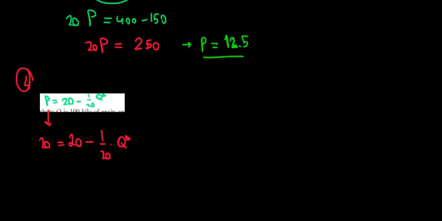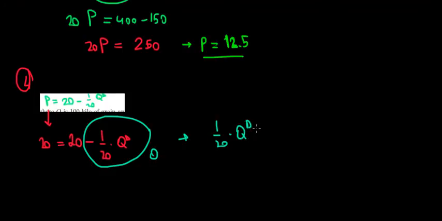What does that mean? Well, that means that this thing over here has to be equal to 0, because 20 minus 20 is 0, which means that 1 over 20 times the quantity demanded is equal to 0, and that's only happening when the quantity demanded is 0. So at that level, no one wants to buy. Consumers demand 0 grains at that level.